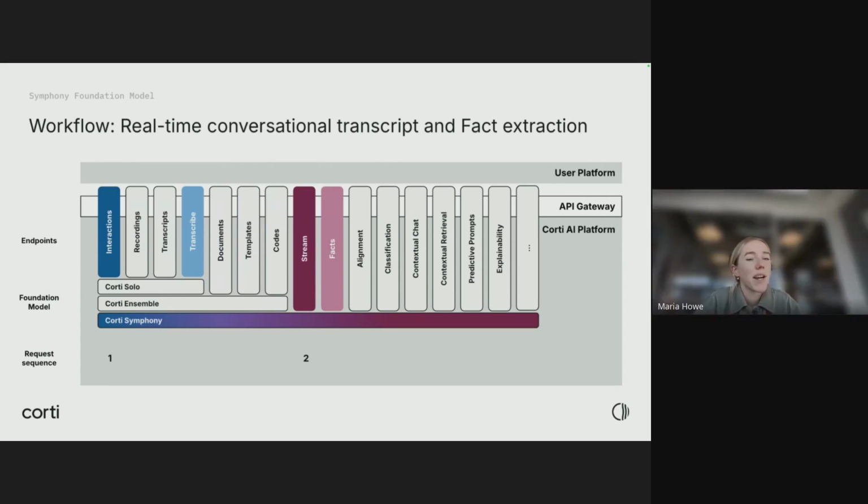I think that's where it's important on the nomenclature here that we're describing what this request sequence is doing, which is enabling real-time conversational transcript and fact extraction, not necessarily a real-time AI scribe. Because as Dan just described, there's a lot more that's possible with the capabilities that we unlock here with facts.